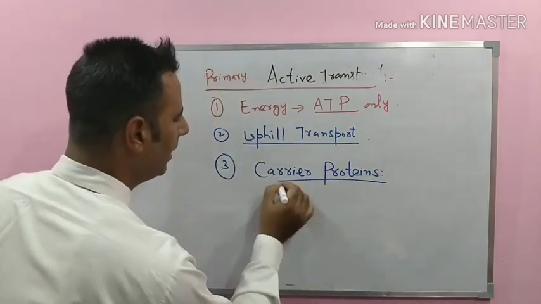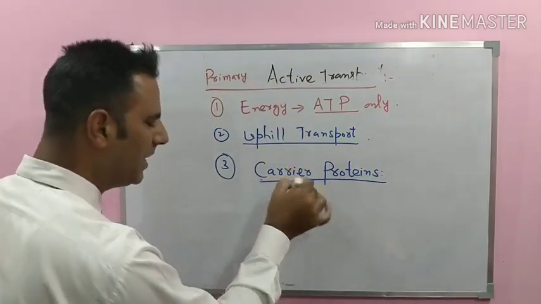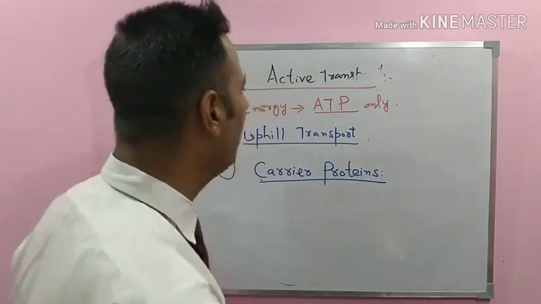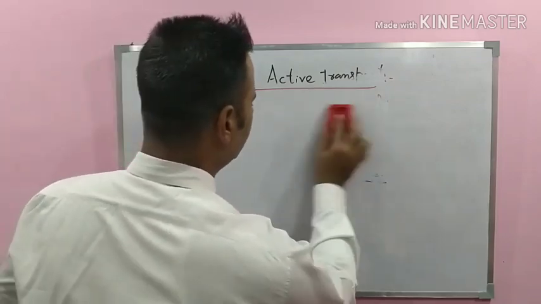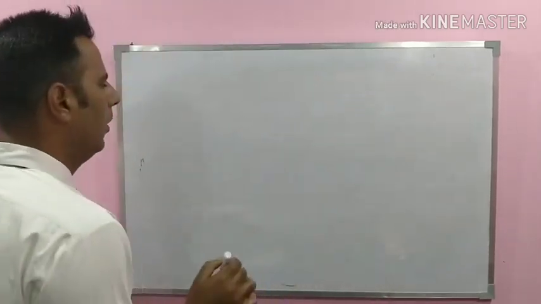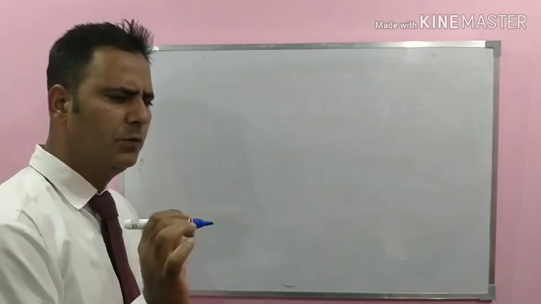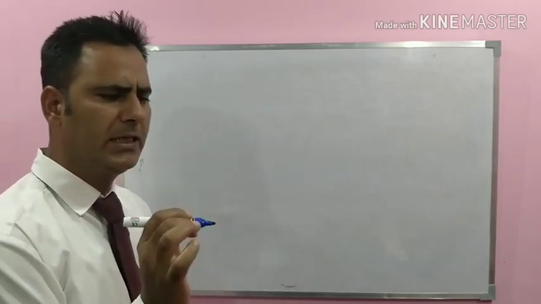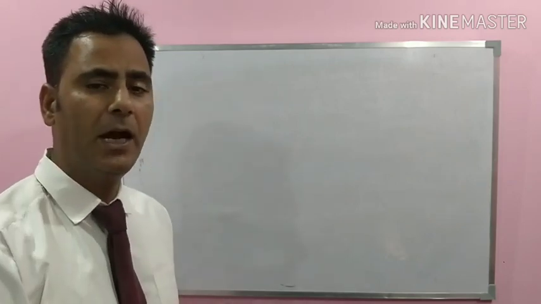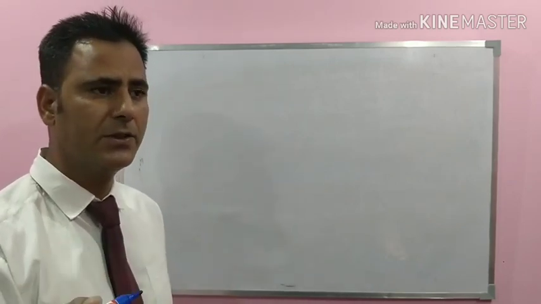It requires the participation of carrier proteins, and these carrier proteins are present on the membrane. These are the three most important things required in primary active transport. We want to transfer things from an area of lower concentration to an area of higher concentration.